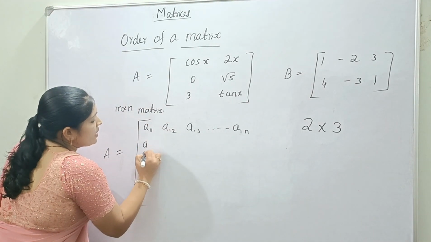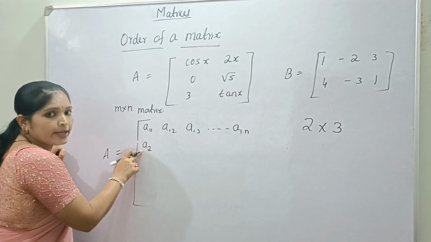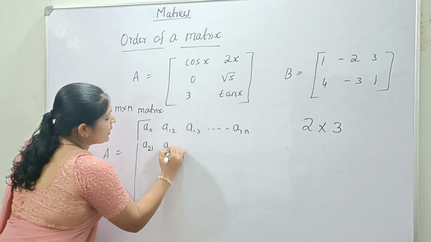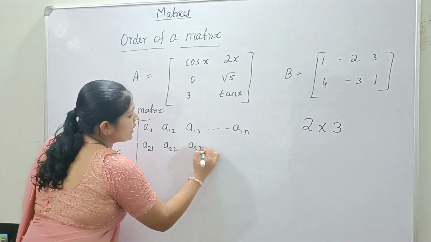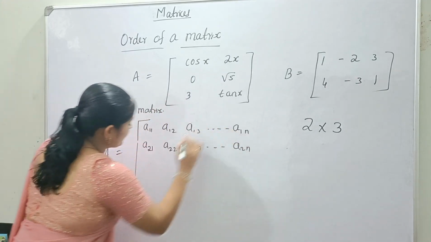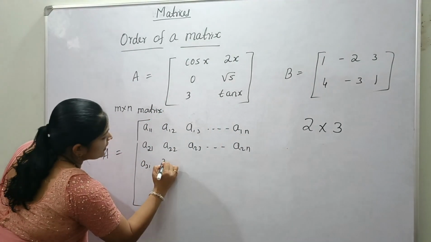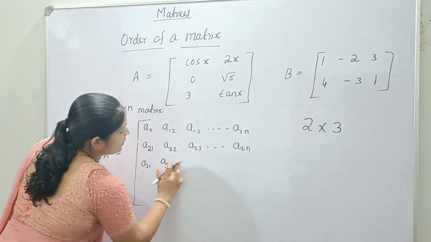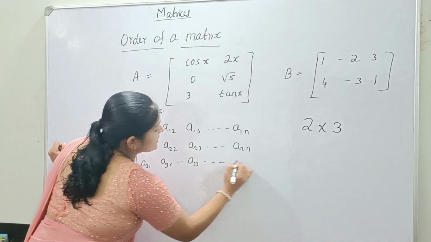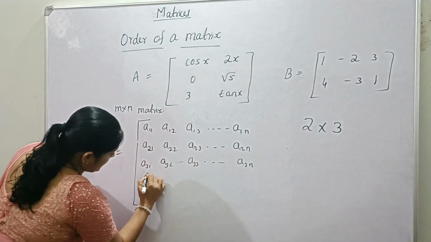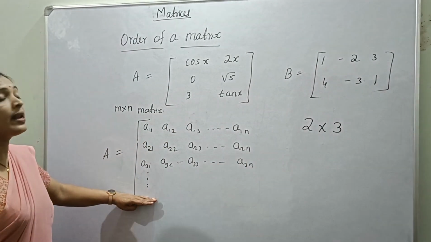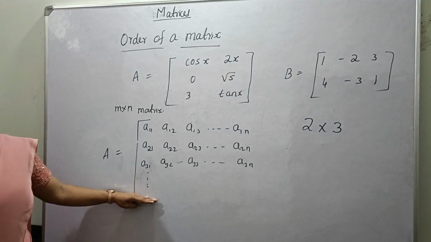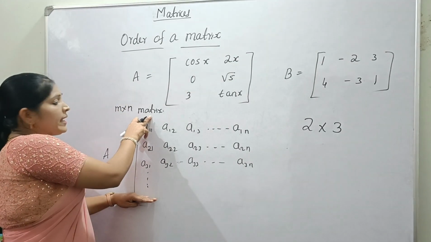A21, because second row, A21, A22, A23, etc. A2n, A31, A32, A33, etc. A3n, etc. See here, last row, it is an m by n matrix.